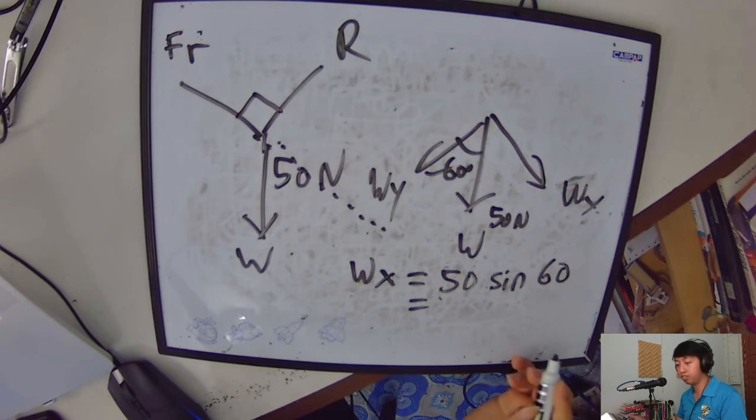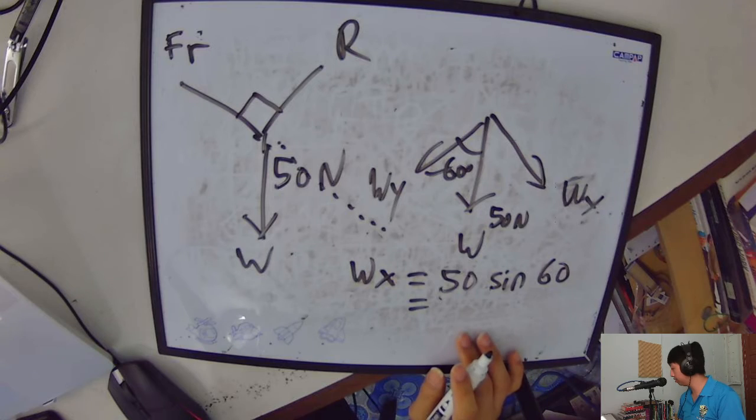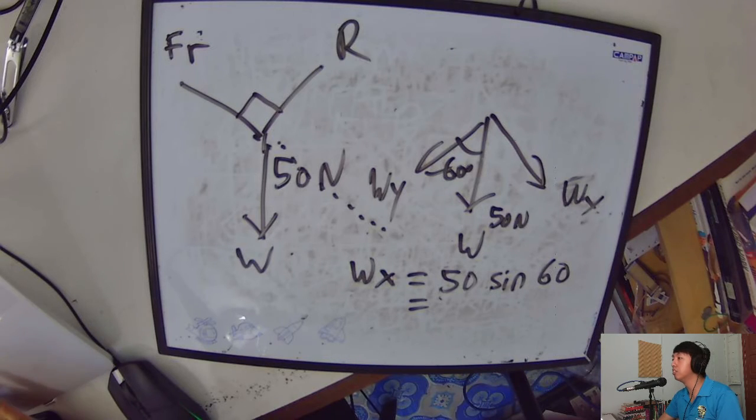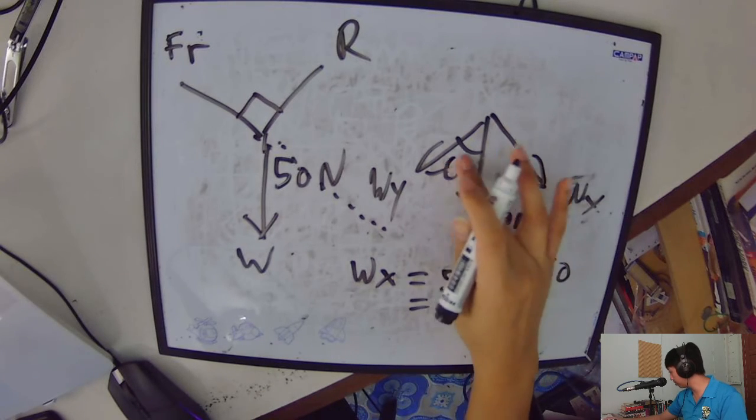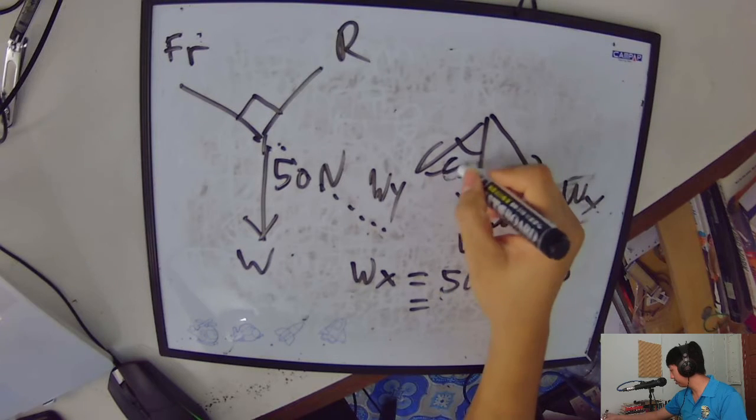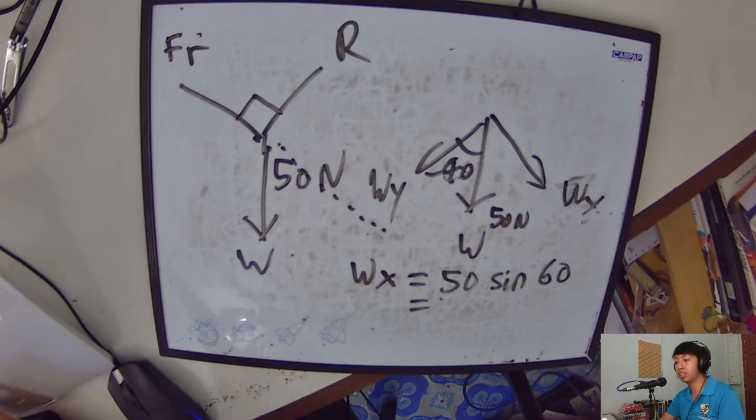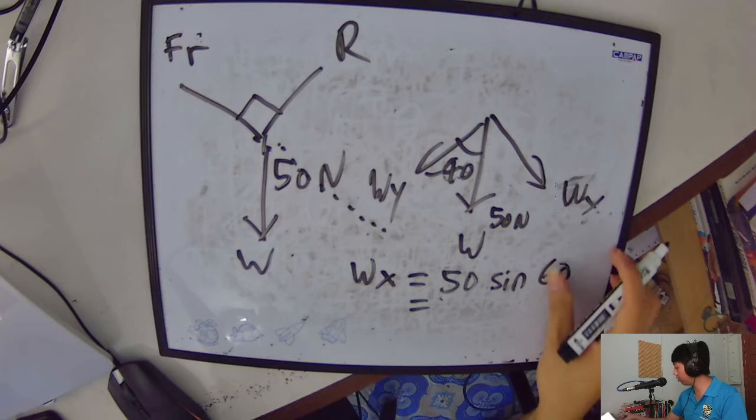Is it 60? Did I do it wrong? Wait. Oh, sorry, it's not 60, it's 40. It's 40 in the picture. Sorry about that. Anyway, so 50 sin 40.